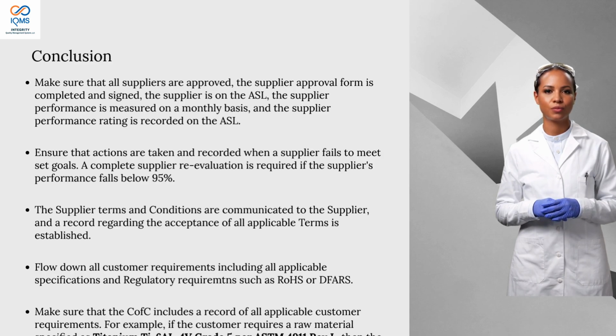The supplier terms and conditions are communicated to the supplier, and a record regarding the acceptance of all applicable terms is established. Flow down all customer requirements, including all applicable specifications, and regulatory requirements such as RoHS or DFARS. Make sure that the C of C includes a record of all applicable customer requirements.